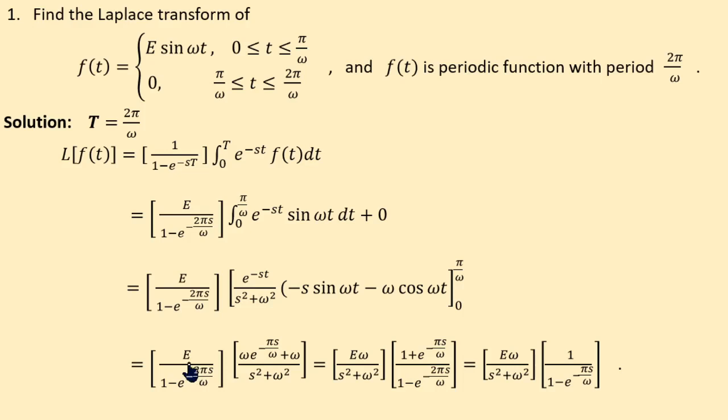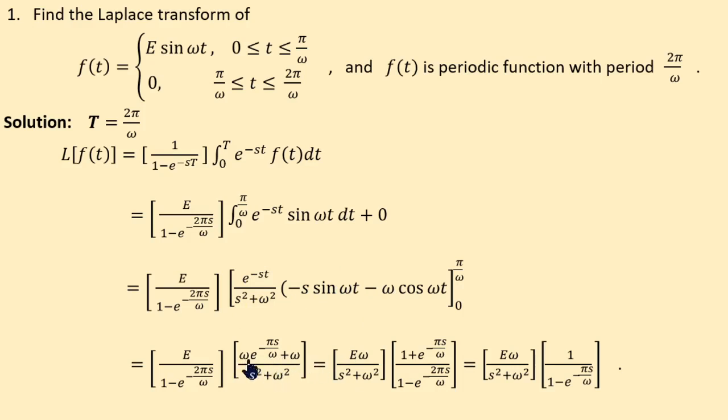Therefore, e by 1 minus e power minus 2 pi s by omega, into the upper limit value e power minus pi s by omega, into minus 1 into minus omega, which is omega, into omega, minus the lower limit: e power 0 is 1, sin 0 is 0, here minus omega, minus omega is plus omega.